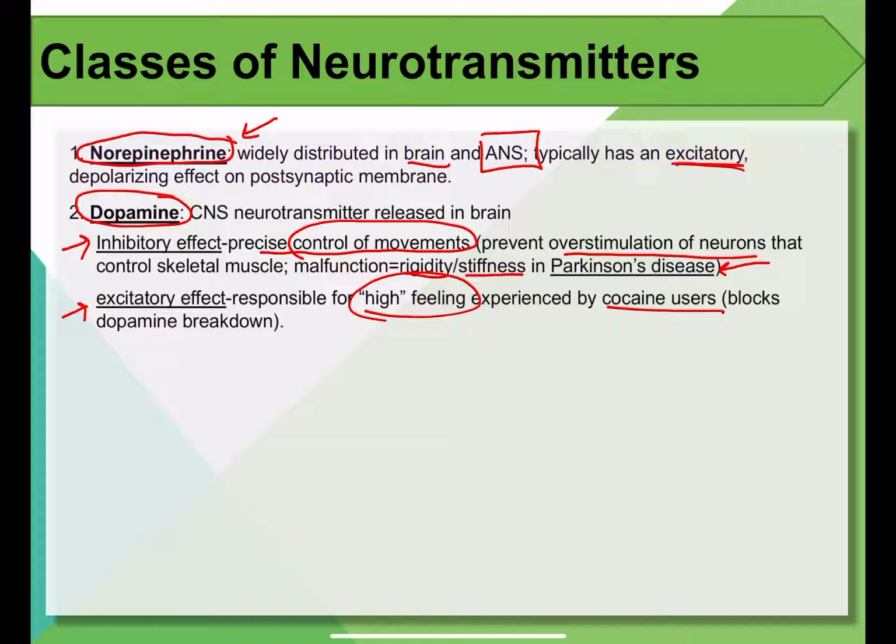We're supposed to get a little bit of dopamine to make us feel happy about ourselves, but we can't have prolonged periods of dopamine for no reason at all. And that's what that drug does, it keeps dopamine from breaking down within the synaptic cleft.